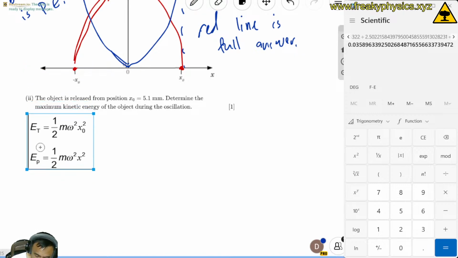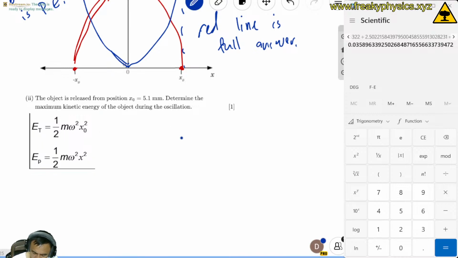You already know what omega is, the angular frequency. You solved it from the previous parts, right? And then we're gonna use this. What's the question here again? Maximum kinetic energy. We actually only need this because in this case, this should be equal to kinetic energy plus potential energy, right?